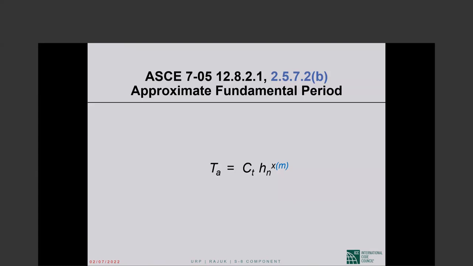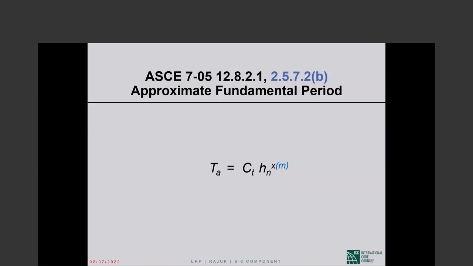I mentioned to you yesterday, flexible buildings have long periods, rigid buildings have short periods. So in the 500 foot direction, the building has a much shorter period than in the 100 foot direction. That is common sense, right?